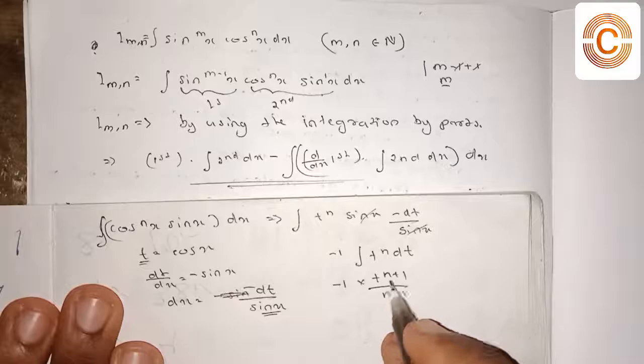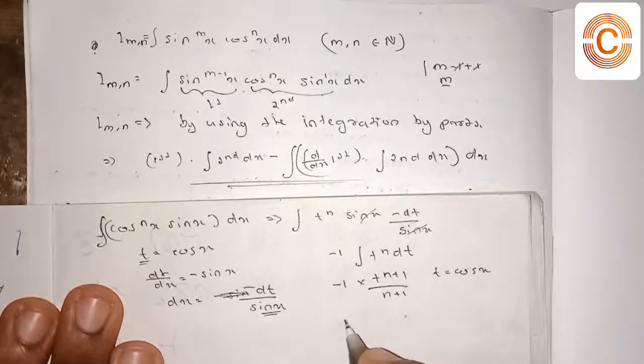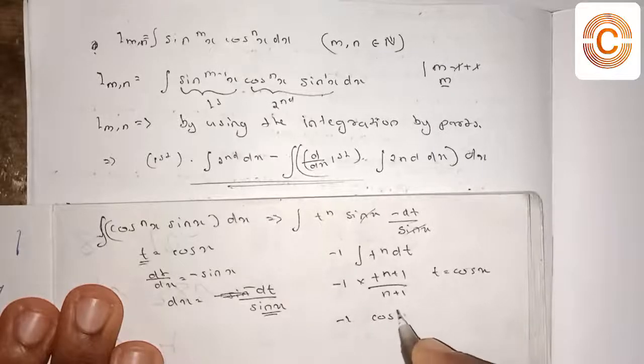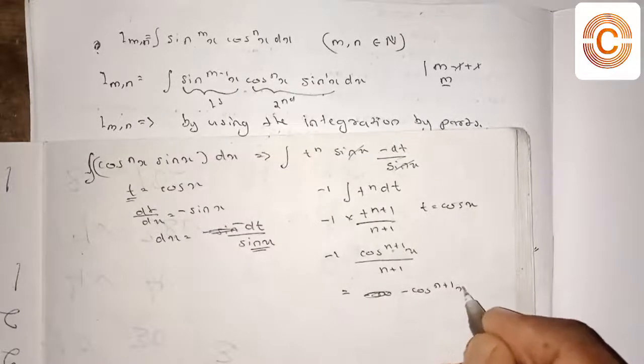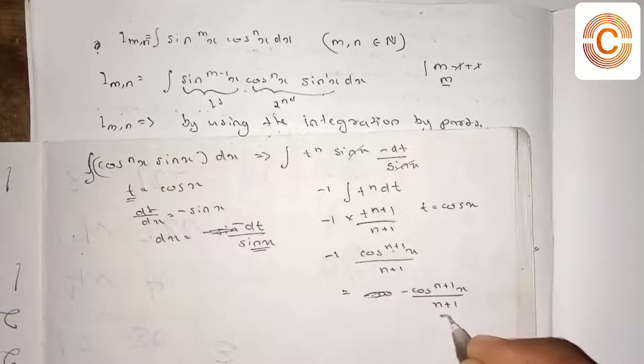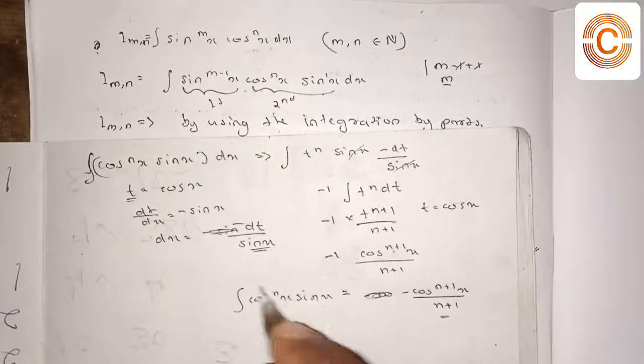Putting t equal to cos x, that is minus 1 into cos raised to n plus 1 x divided by n plus 1, that is minus cos raised to n plus 1 x divided by n plus 1. So this is the solution for the integral of cos raised to n x sin x.